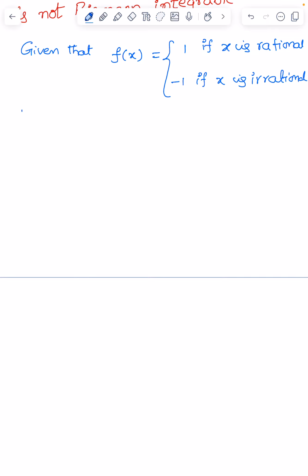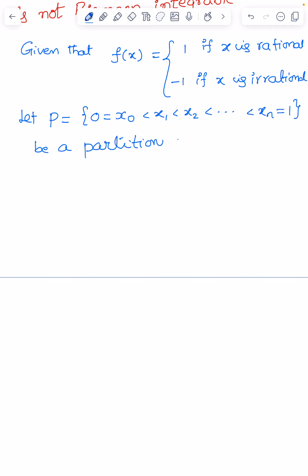Let P equal {0 = x0 < x1 < x2 < ... < xn = 1} be a partition of the closed interval [0, 1], and define infimum and supremum like this.